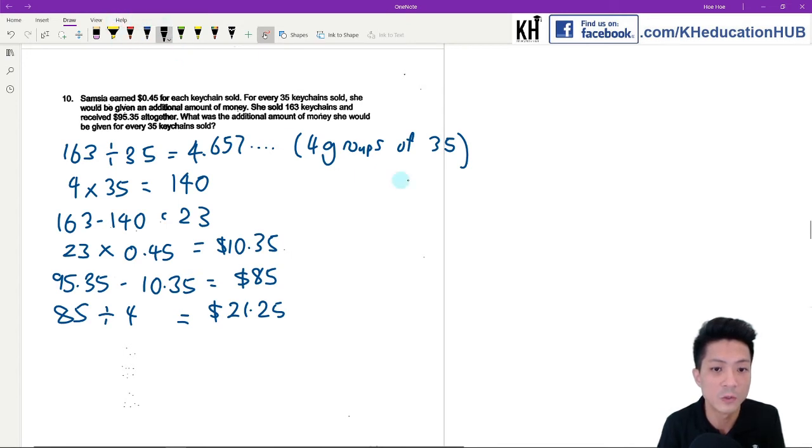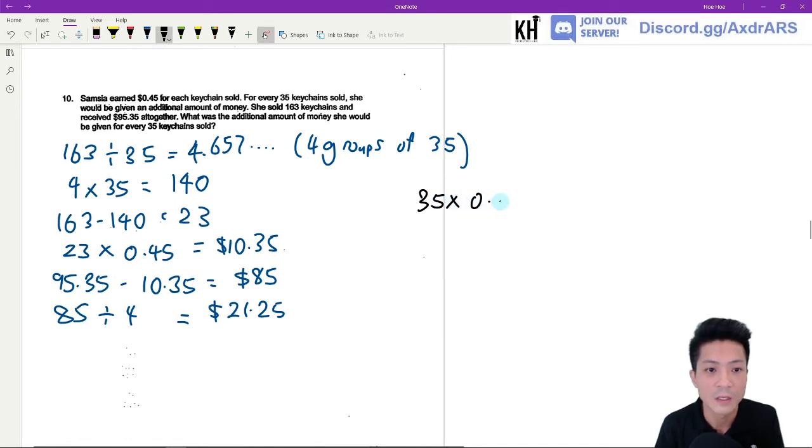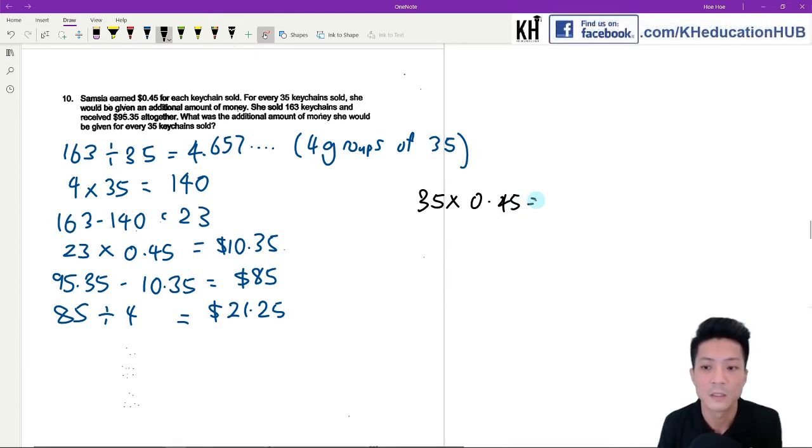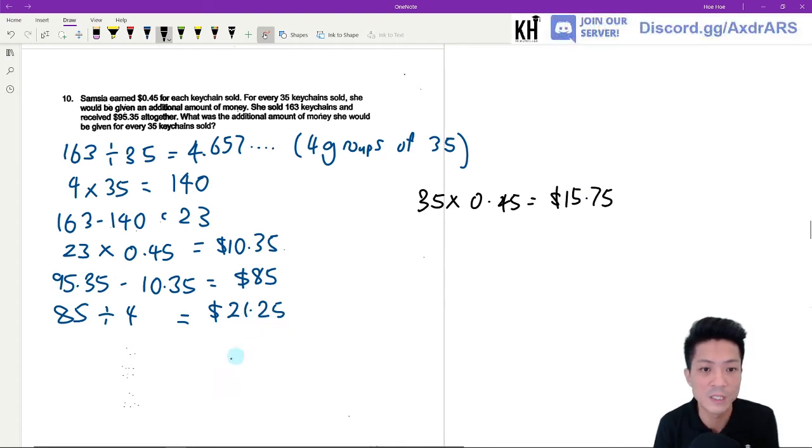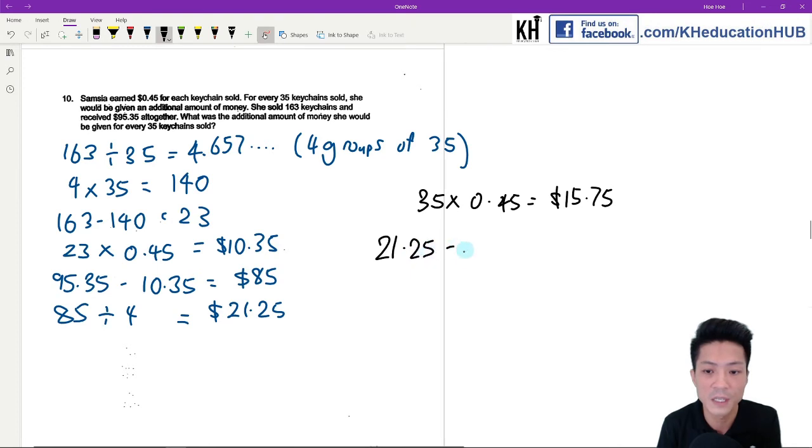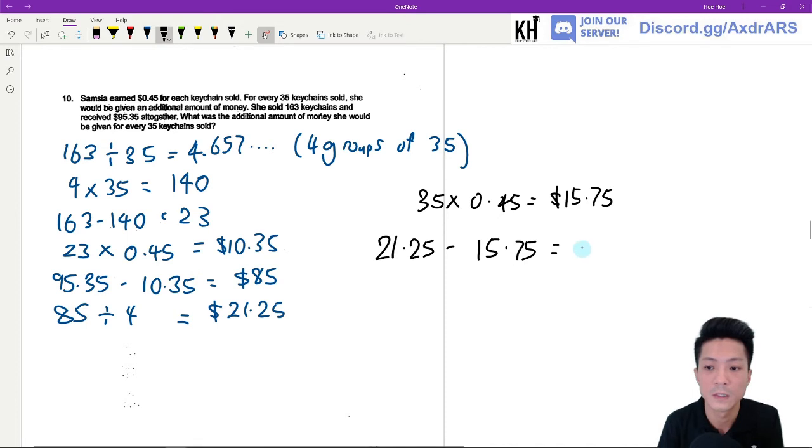If you do a bit of working by the side, if I sell 35 keychains and each is 45 cents, I'm going to earn $15.75, but in actual fact I earned $21.25, which means that the additional amount of money that should be given for every 35 keychains will be $21.25 minus the $15.75. It'll be $5.50.